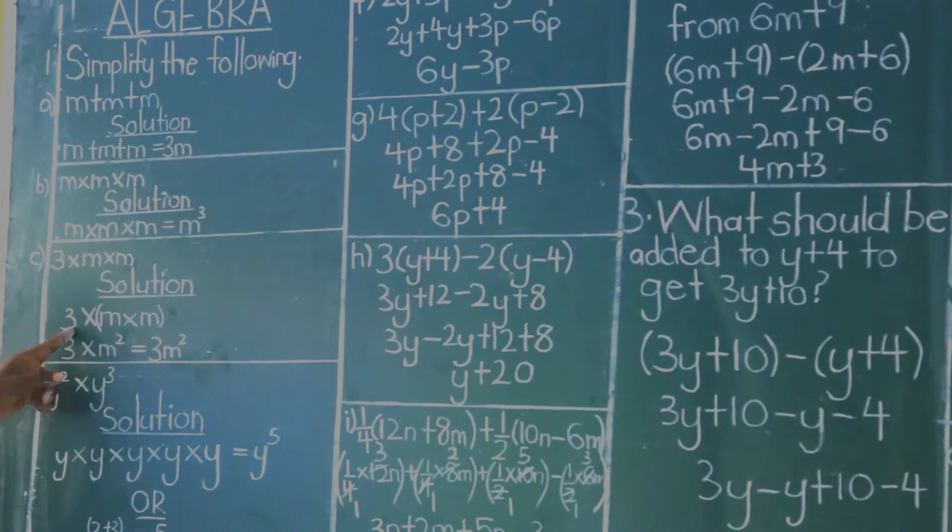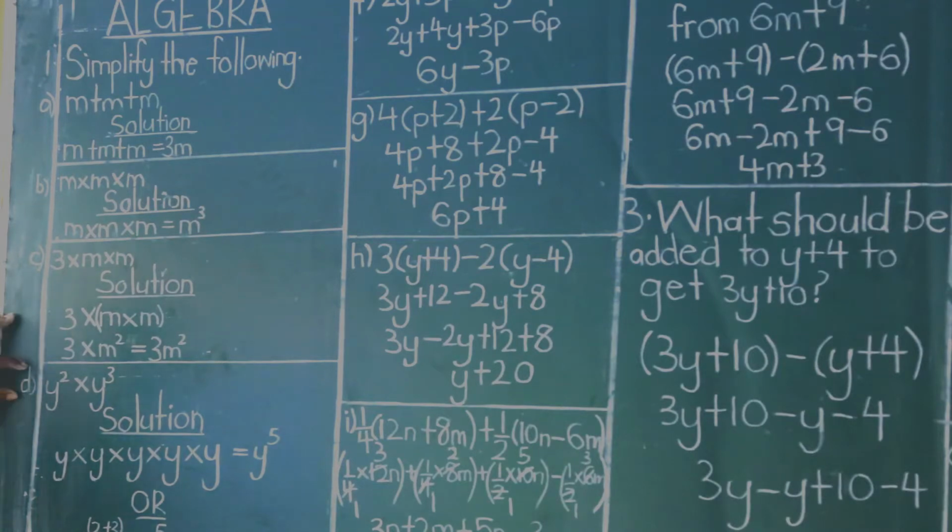Thus, 3 times m squared is equal to 3m squared. So be careful about every example, for every example brings its own way.